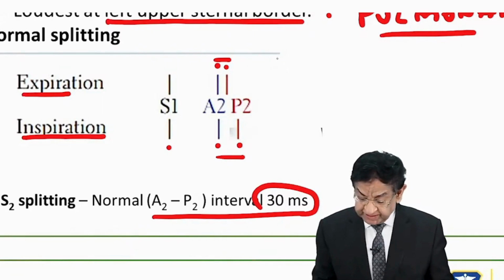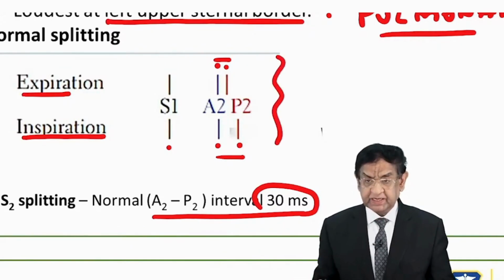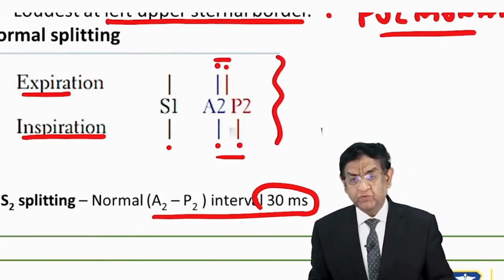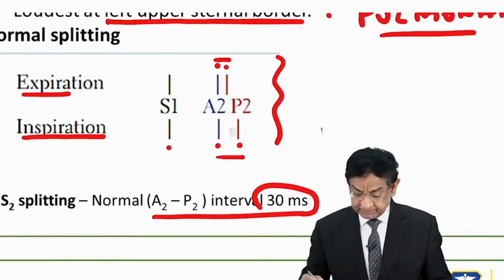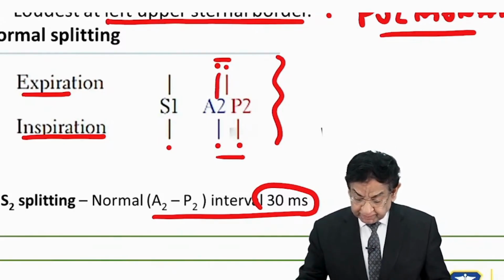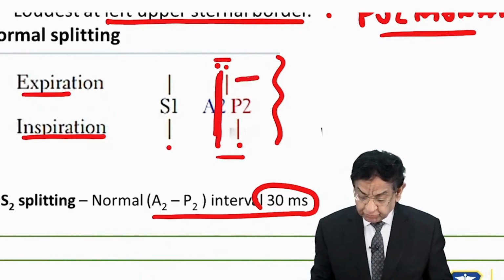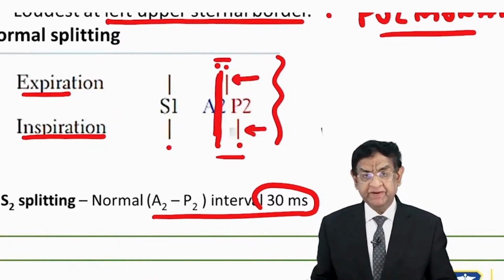Well, now let us understand the reason why this is happening. This is very, very essential for future discussion: why in inspiration there is more gap, and in expiration less gap. One more thing you have to understand is that the A2 component remains in the same position. It is P2 which is shifting. Now, let me clarify what happens.